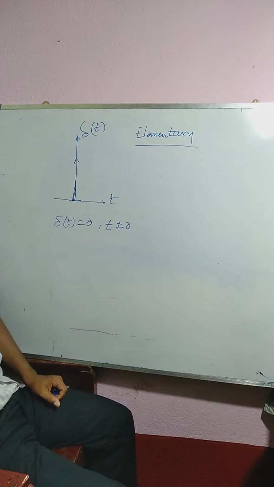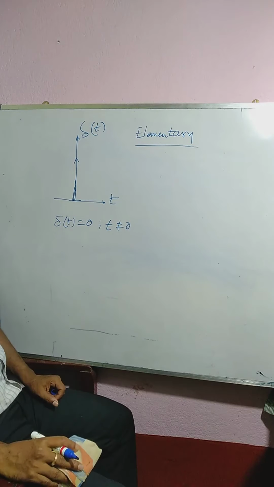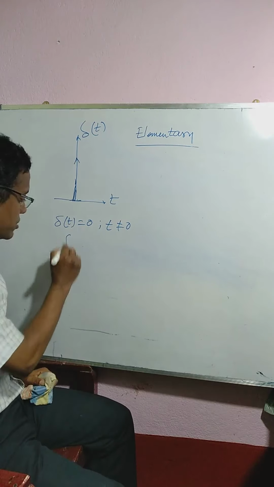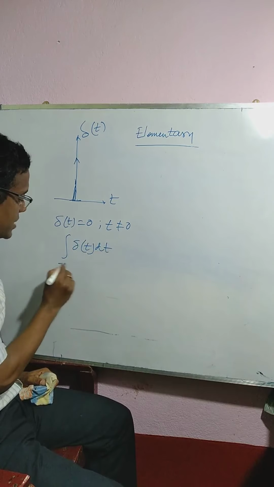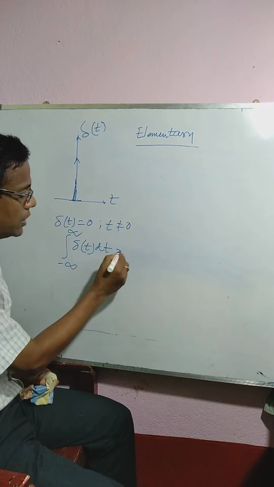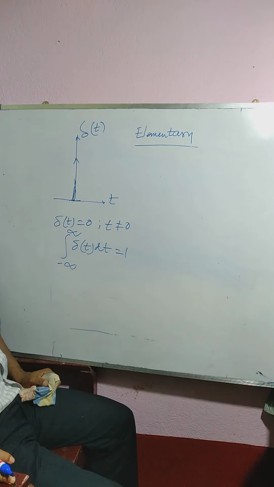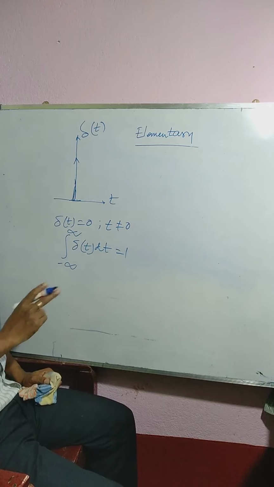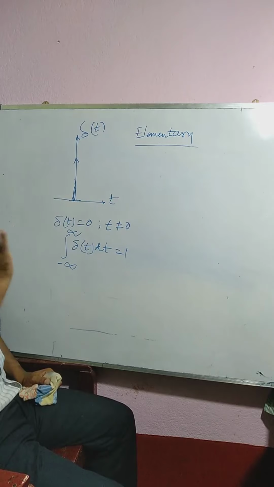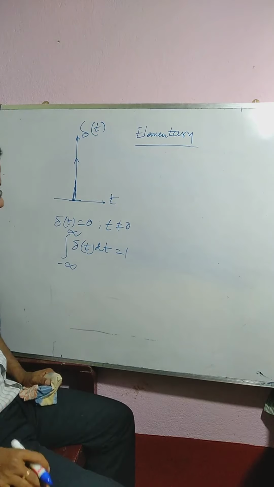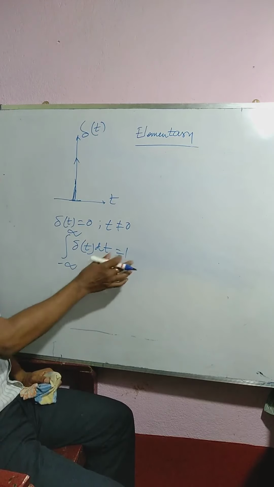It is difficult to represent mathematically. The integral of delta(t) dt from minus infinity to plus infinity, what will be the value? What is the value at t equals 0? We cannot tell. But we can tell that it does not have value for t not equal to 0, and at t equals 0 it is infinitesimally large, in such a way that the area under the curve is 1.